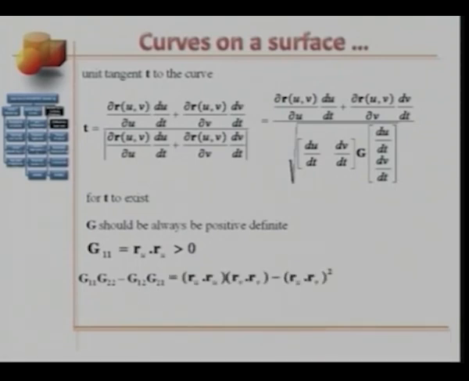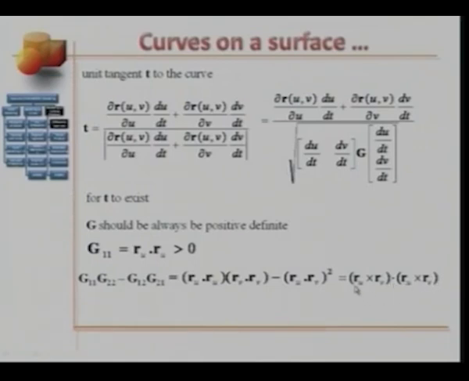In terms of its constituents, determinant of G is r_u dotted with r_u times r_v dotted with r_v minus r_u dotted with r_v, squared. One can do a bit of algebra to figure that this expression is nothing but r_u crossed with r_v dotted with itself.